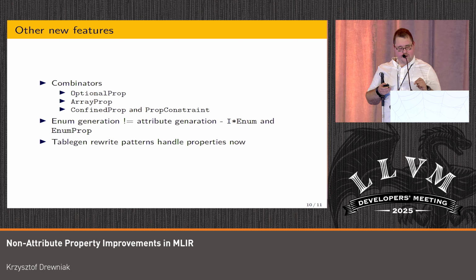And so you no longer have to go through and make unique hash values for your 5 enum cases and look those up every single time, which I think is a substantial improvement. And for those that use the declarative rewrite rules mechanism, that also now supports non-attribute properties, and that will no longer crash your rewrite generation.